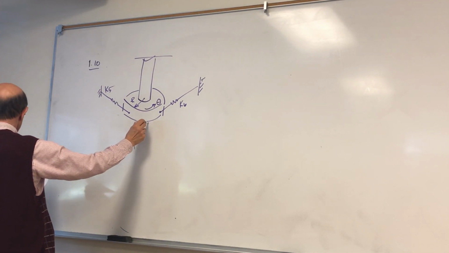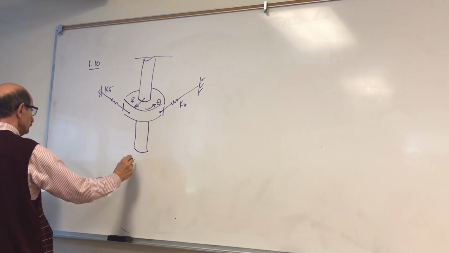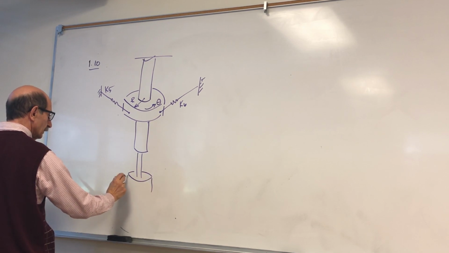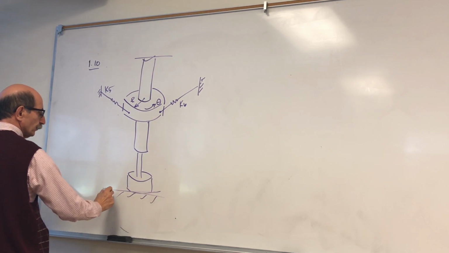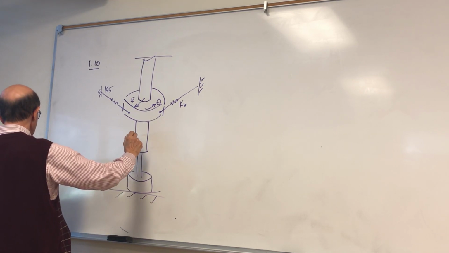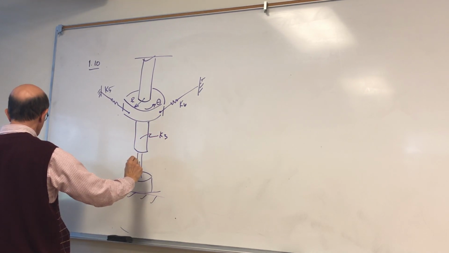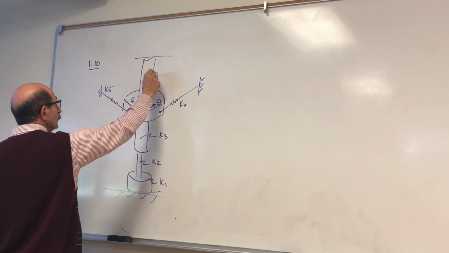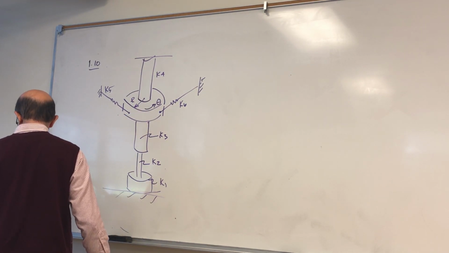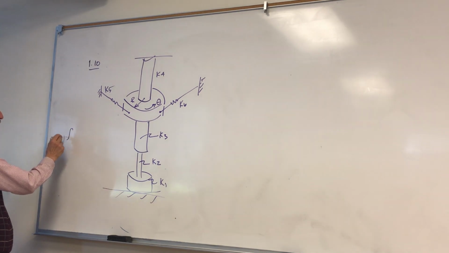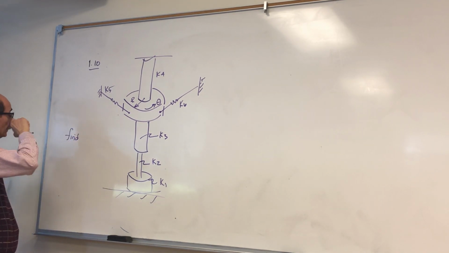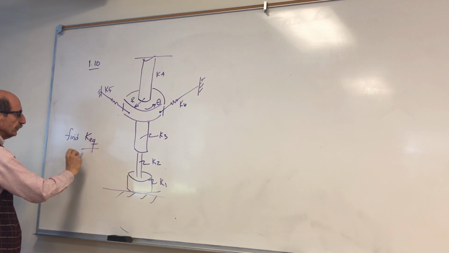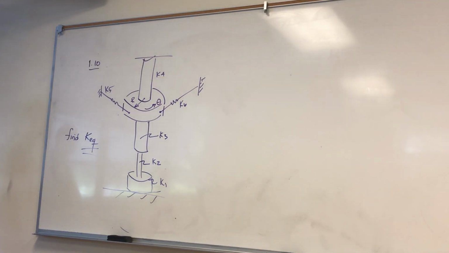And this is, in fact, a shaft, a non-prismatic shaft, which looks like this. So each piece of this shaft obviously has different stiffnesses. This is K2, this is K1, and this is K4. So the problem is asking you to find either the natural frequency or the equivalent stiffness, which is all you really need, okay?